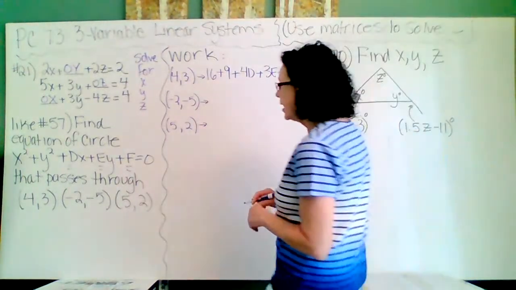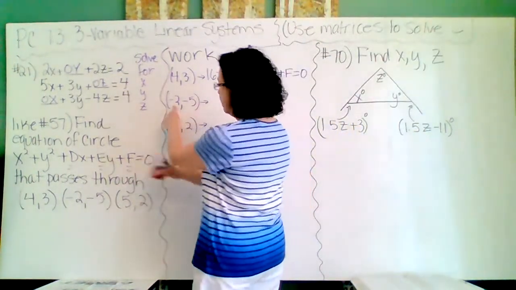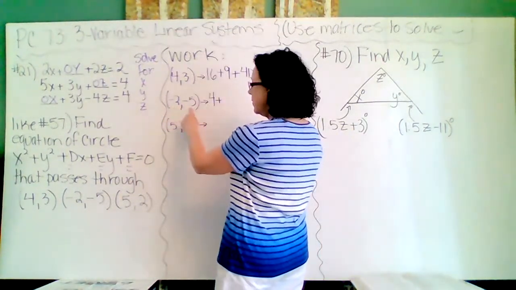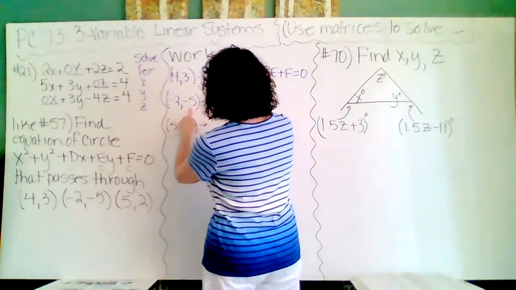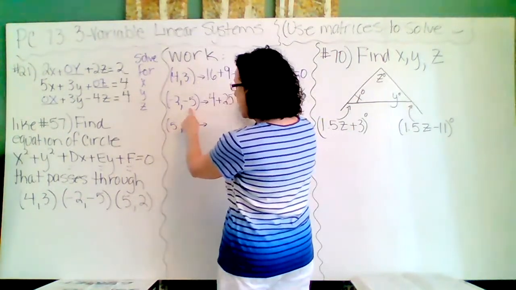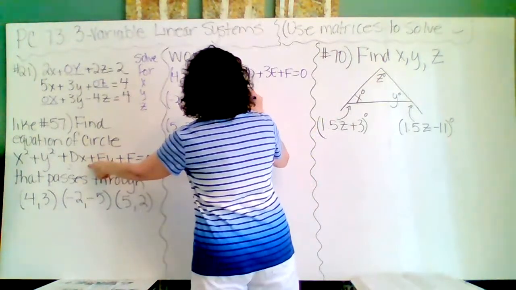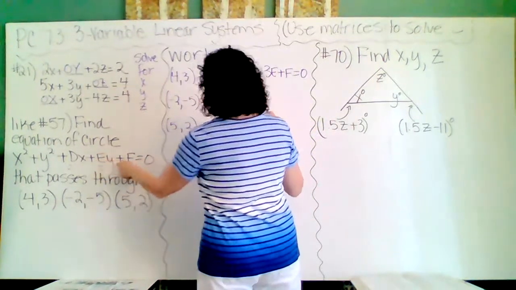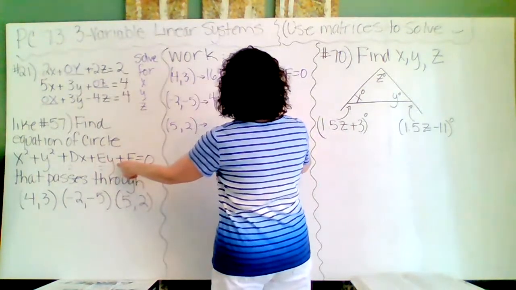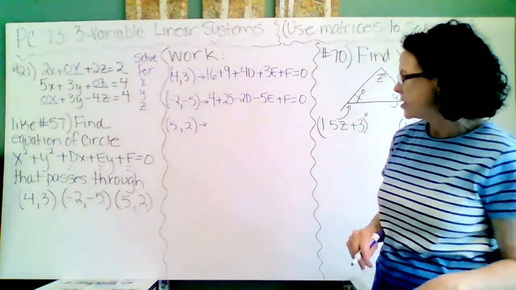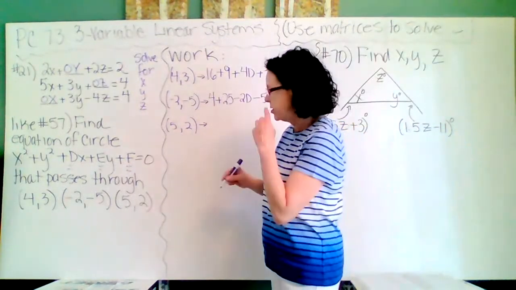-2, -5 would be 4 when I square the -2, 25 when I square the -5. I will have a -2D minus 5E plus F equals 0. Last point, X is 5, Y is 2.